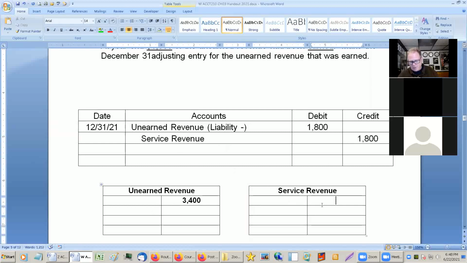So we're going to pick up the 1,800, and that's just plain old revenue. We've earned it. Over here, we're going to take off 1,800, and we still owe 1,600.